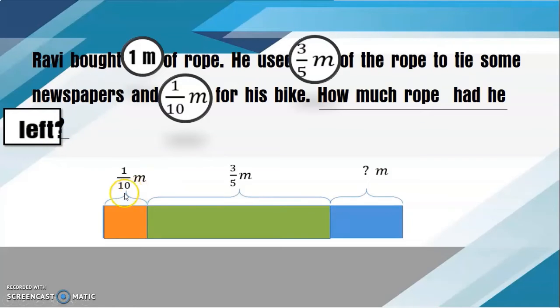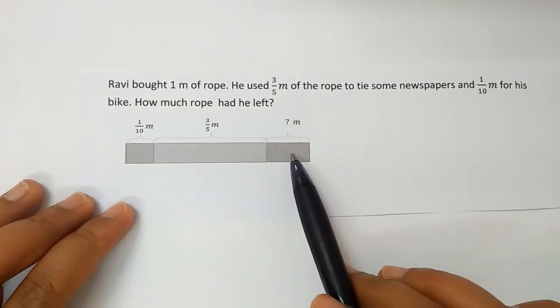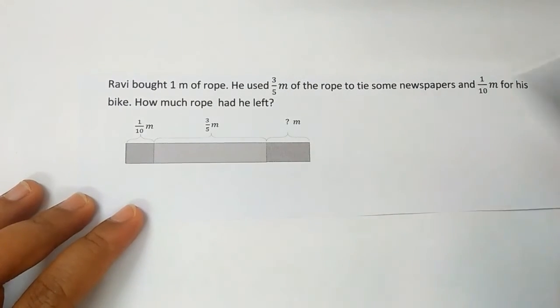So if we have here the total is 1 meter, this is 1/10 meters, 3/5 meters. How to find the length of rope left? If we use 1/10 and 3/5, how long is left? Very good. We're going to subtract.